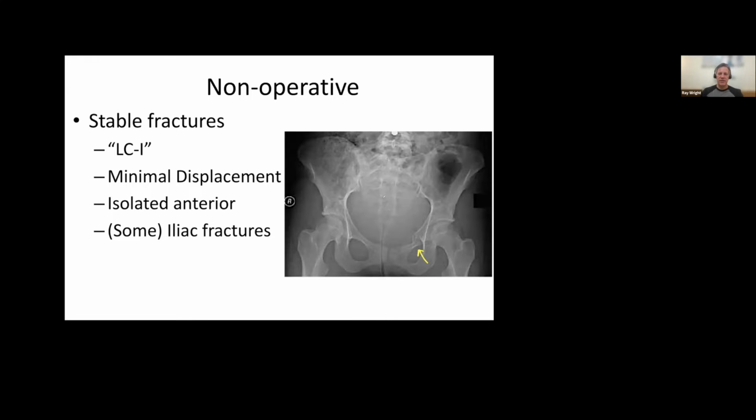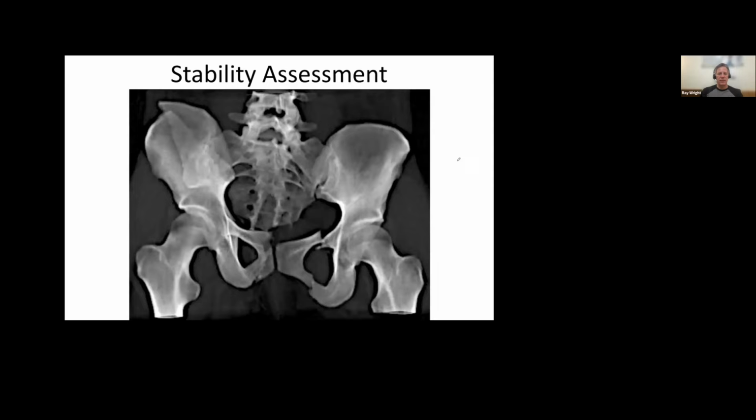If something like that happens, where there's no injury to the posterior pelvic ring in general, it's very acceptable to treat these non-operatively, as are some iliac fractures, some fractures of the peripheral ilium, if displacement is not too great. What is too great is a little bit subjective, but these by and large can be treated non-operatively as well.